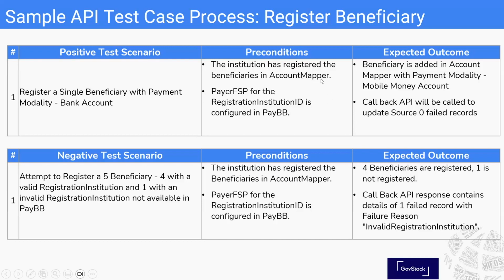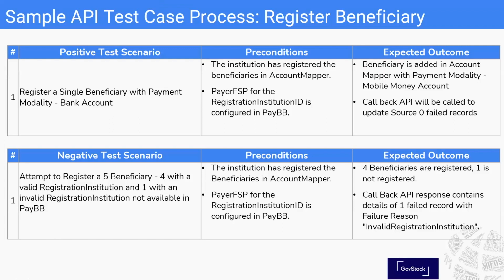Once it has been set up, that registration institution has to be configured in the system. And the expected outcome is that if this is correct, then that beneficiary would be created and you would be able to see it in the identity account mapper. In the video that we shared, when we clicked on the account mapper tab, you could also see one record over there.